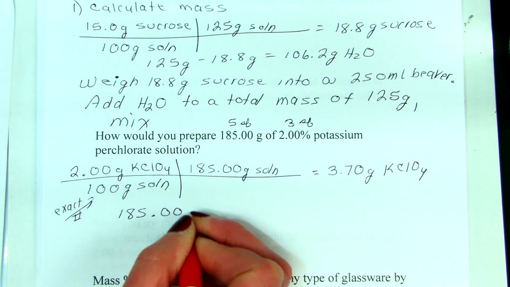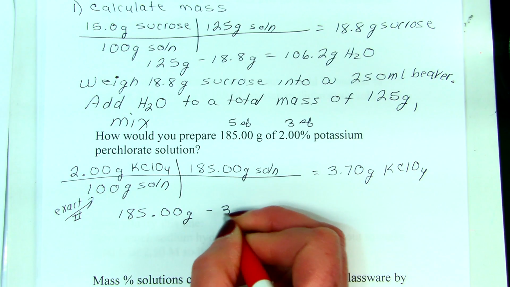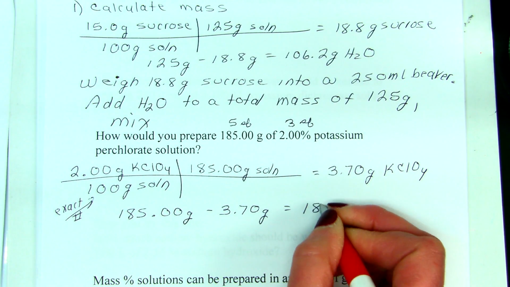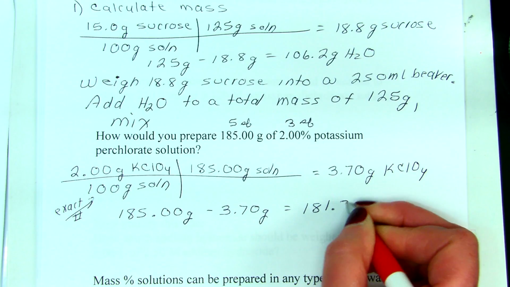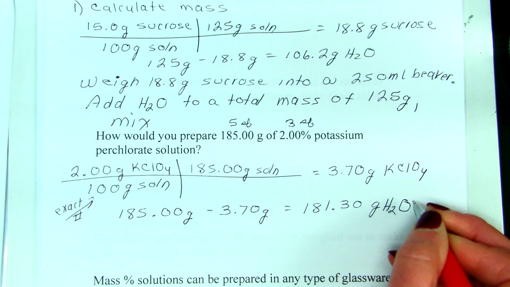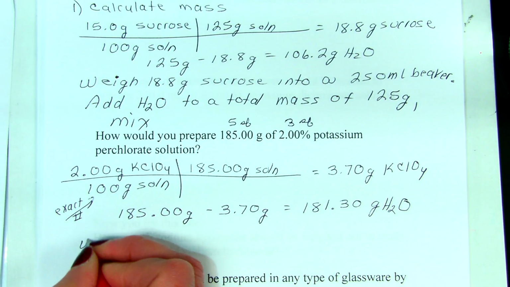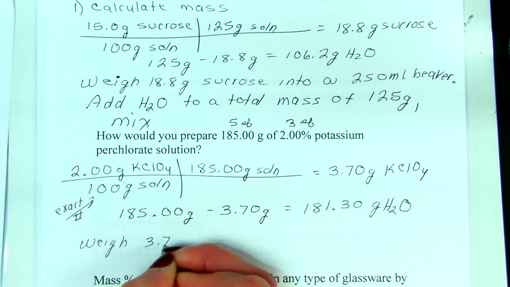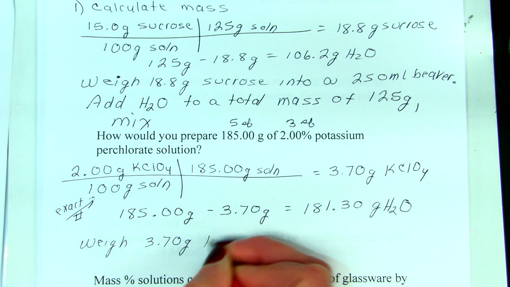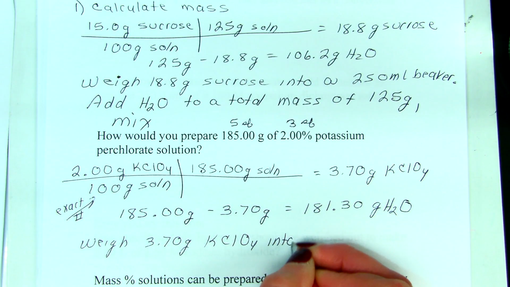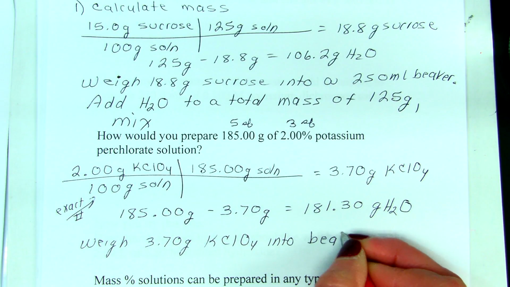185 grams of solution minus 3.70 grams is equal to 181.30 grams of water is needed. So now we write our instructions. We say weigh 3.70 grams KClO4 into the beaker.